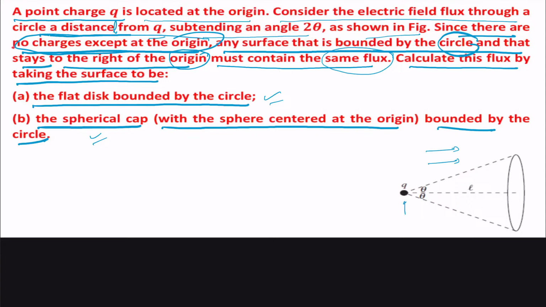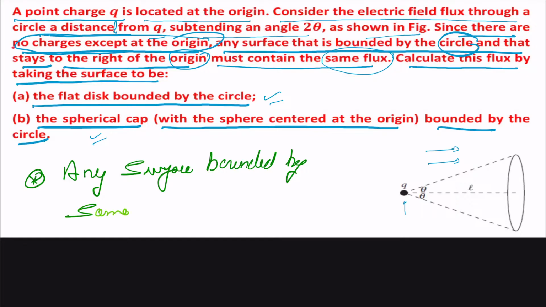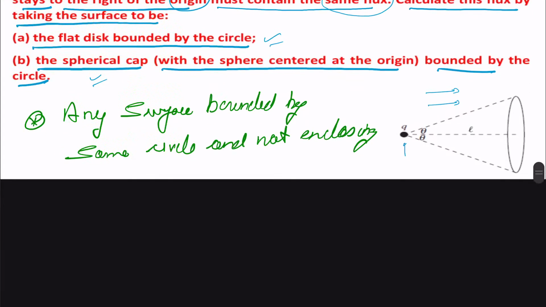And so we can just point out here that any surface bounded by the same circle and not enclosing any charge has the same flux.